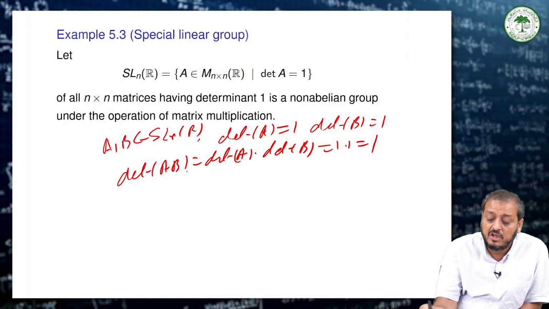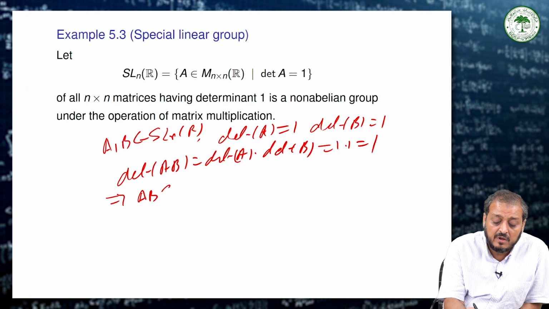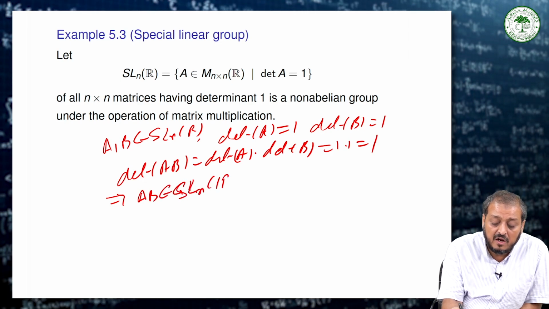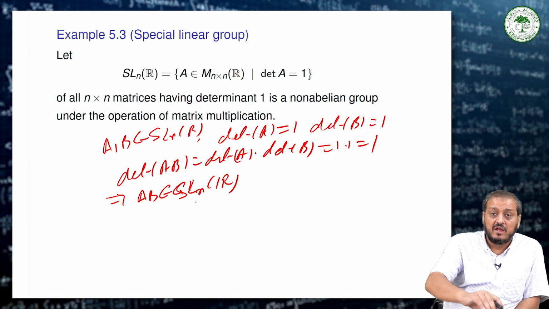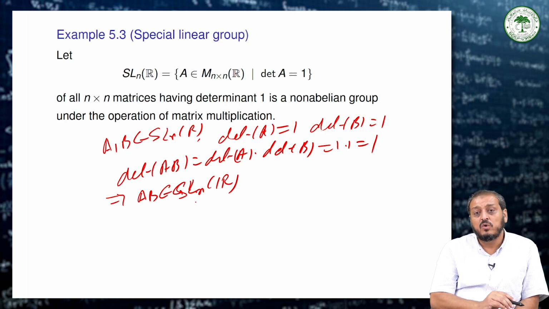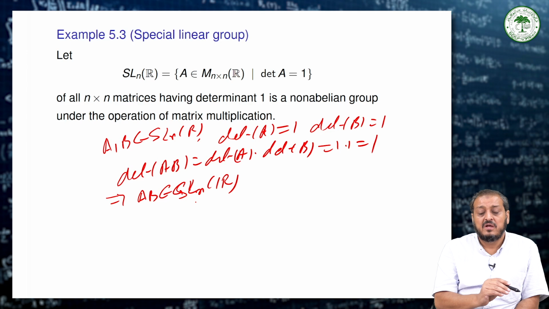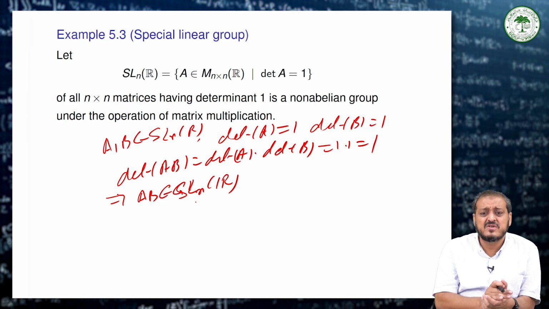So the determinant of AB is also 1, which means AB is an element of SL(n, R). So this set is closed under matrix multiplication. This is clearly the special case of the previous example.